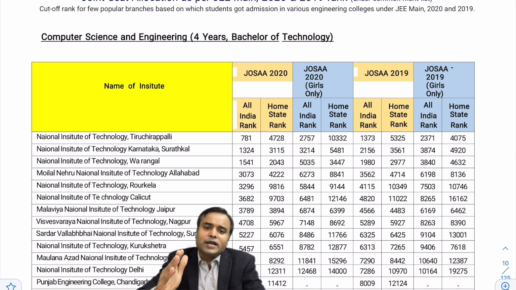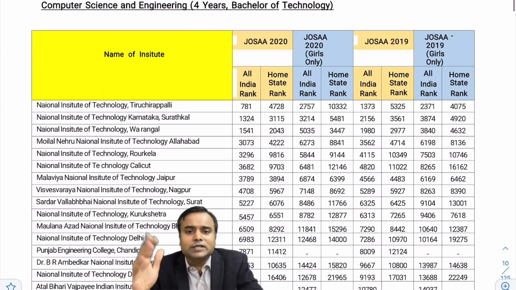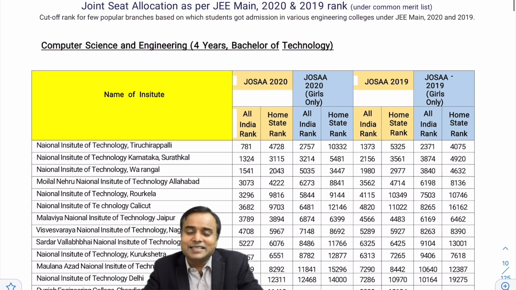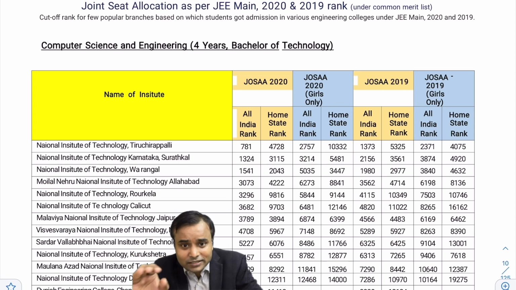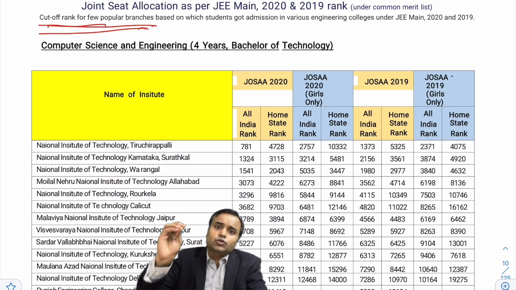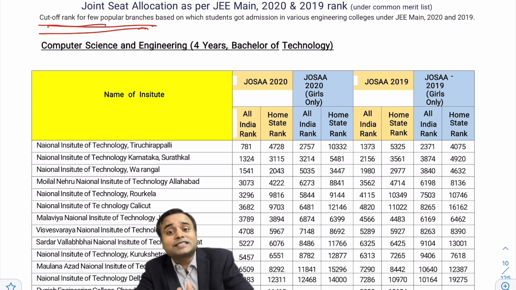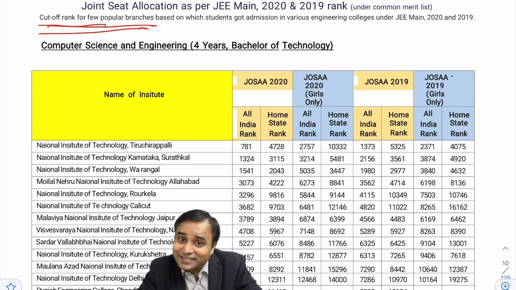A student having a rank more than 781, suppose a rank of 800, was not eligible and didn't get the seat in 2020. But the student who belongs to Tamil Nadu got the seat with a home state rank of 4,728.